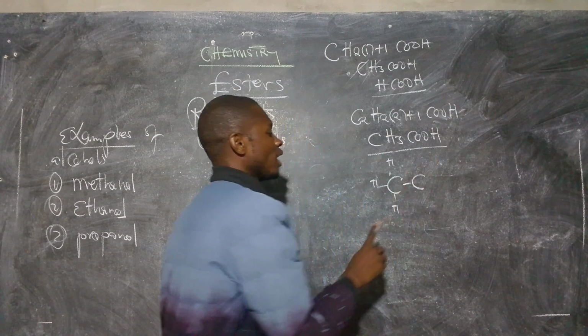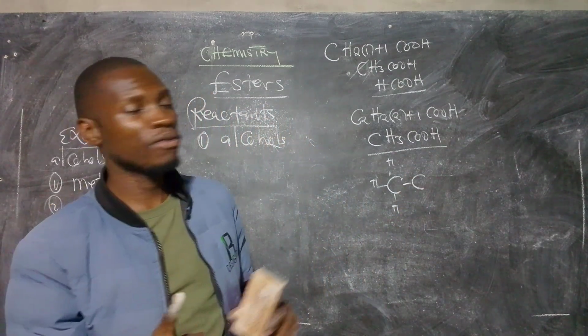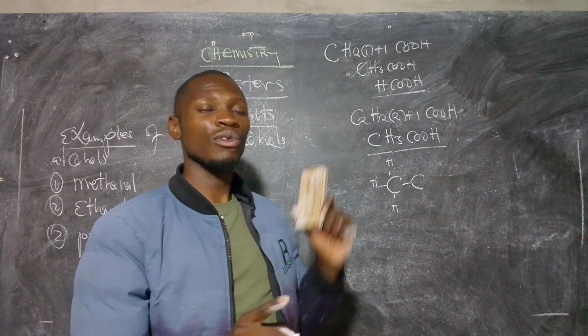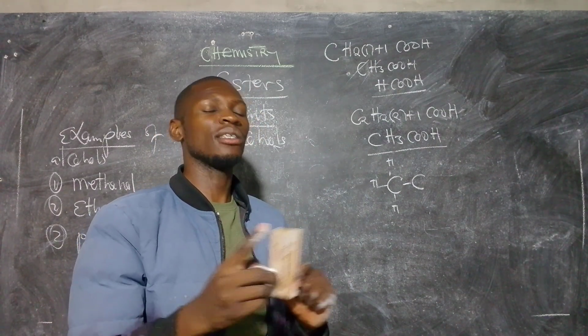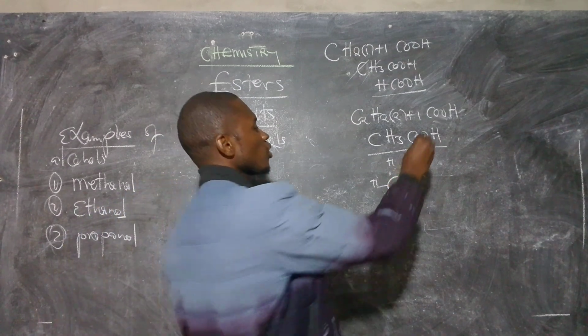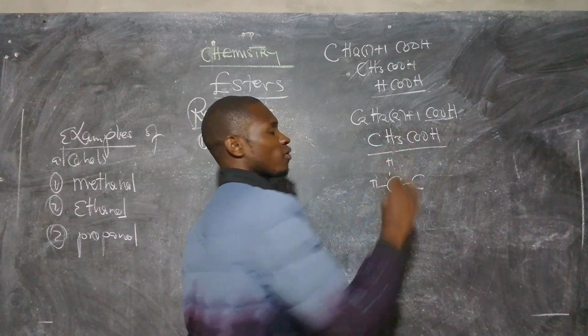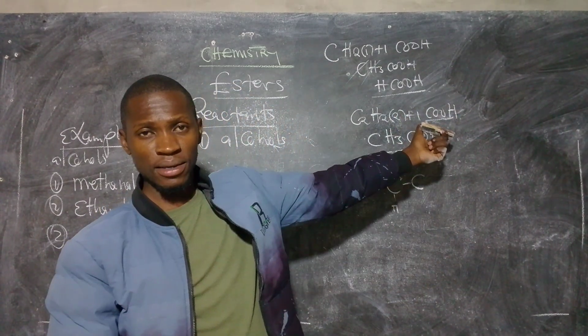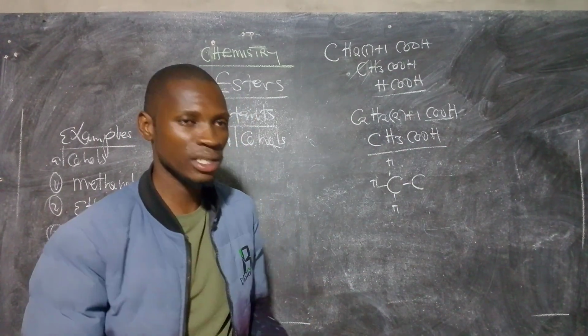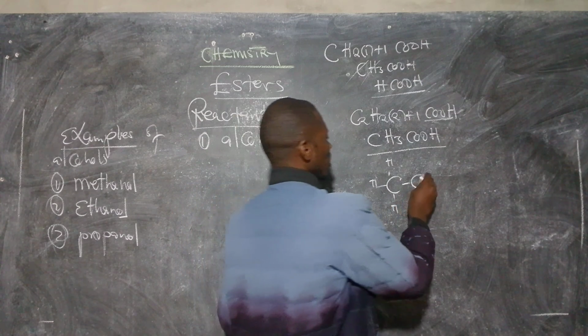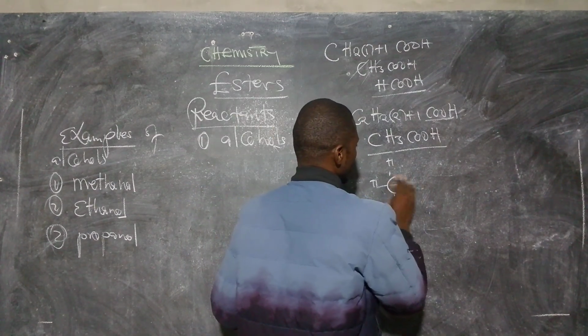Now, when we are writing the molecular formula and the structural formula, the functional group will be written in a different way. This functional group here, in the molecular formula, is like that. But in the structural formula, the functional group will differ. So I'm going to write our functional group in this manner.